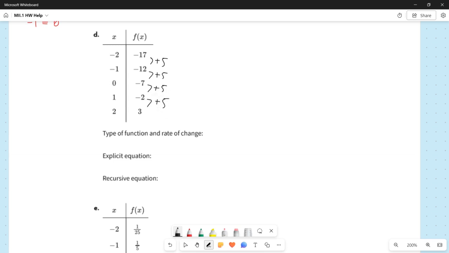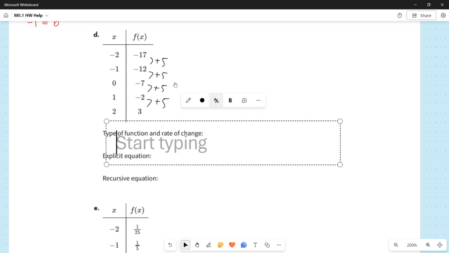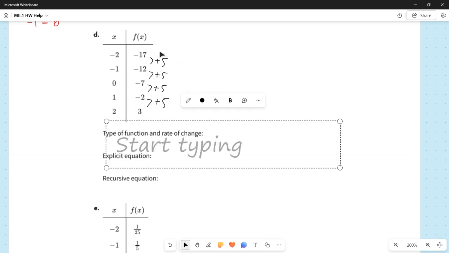So we can see, once again, that we have a constant first difference. And as we saw in the previous problem, that tells us that we, once again, have a linear function.